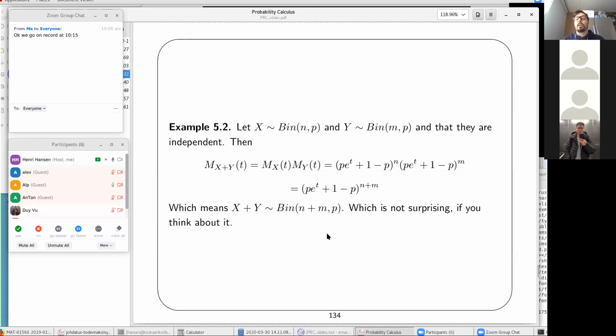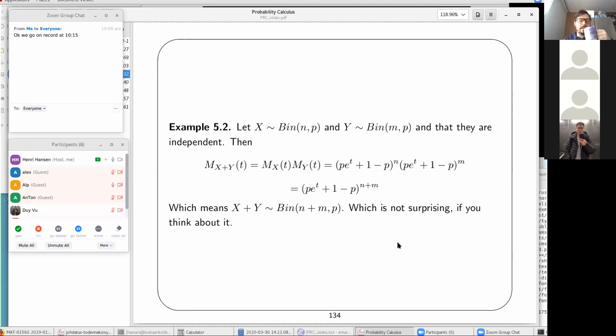It's not surprising when you think about it. A binomial distribution repeats a Bernoulli experiment n times and calculates the number of successes. Do the same Bernoulli experiment m times, calculate the number of successes, and then you add them together. It's the same as doing the experiment n plus m times and adding those successes together.